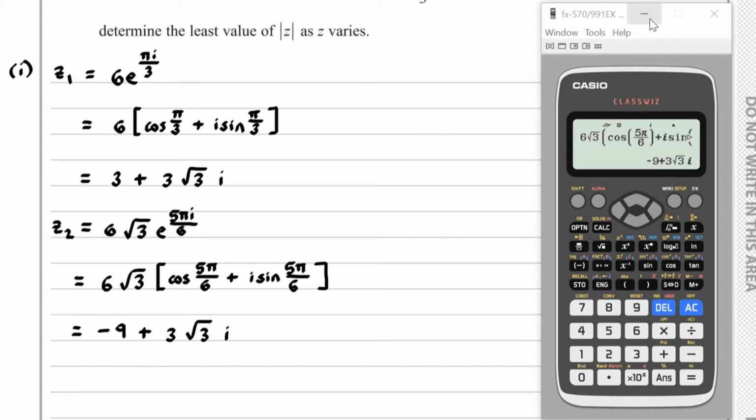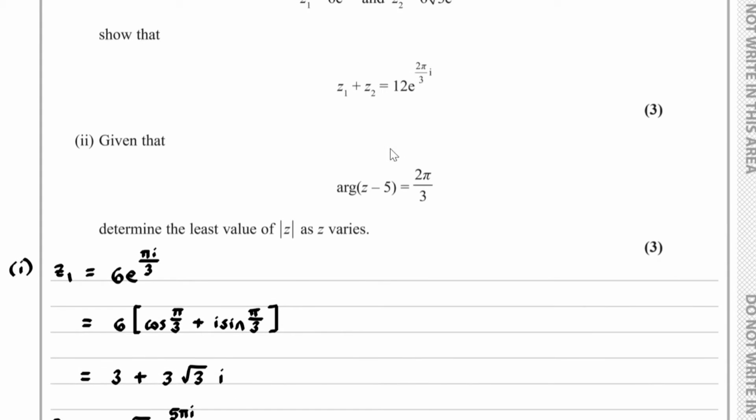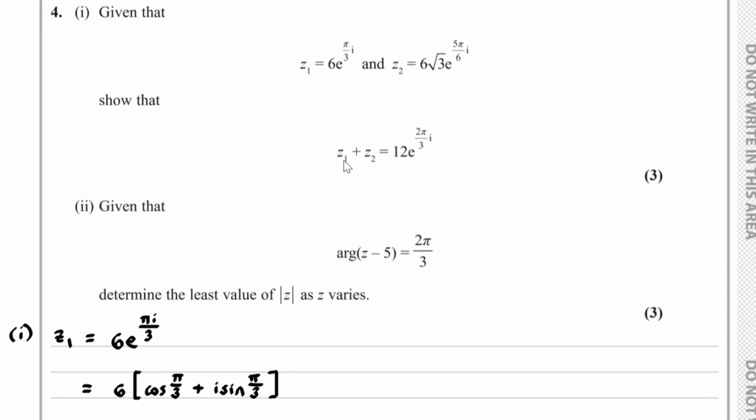Now, in this question, what we want to do is show that z1 plus z2 equals 12e to the 2 pi i over 3.